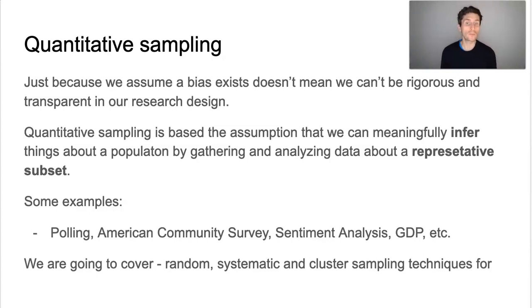So polling, for example, the American Community Survey, even the gross domestic product of the USA, is all based on the idea that we quantitatively sample subsets of the population and we come up with general numbers in which we make our estimate or best guess.